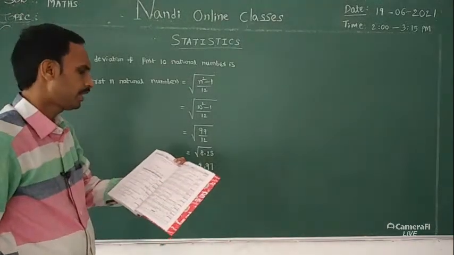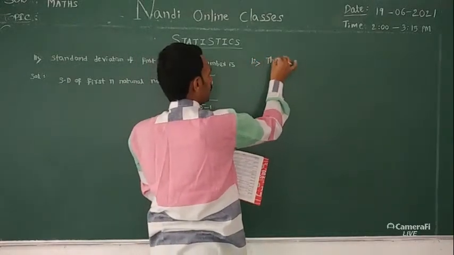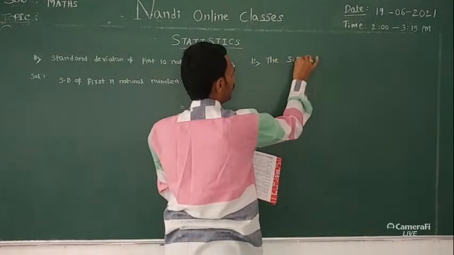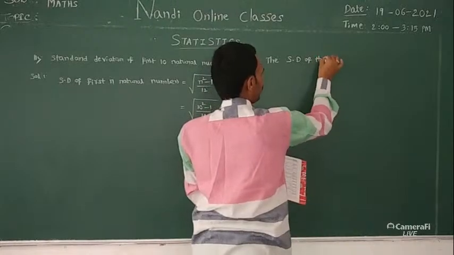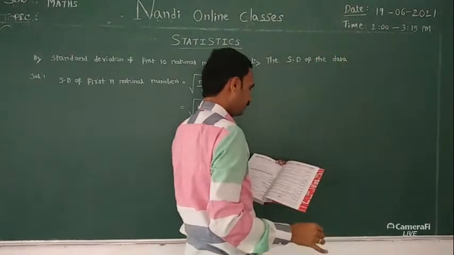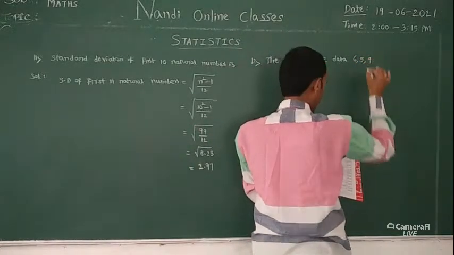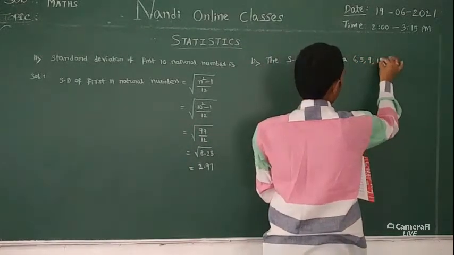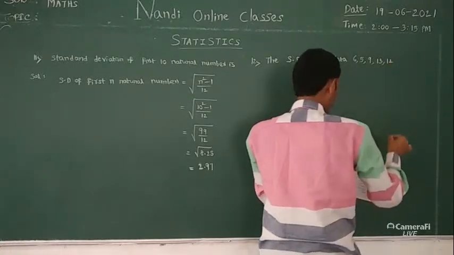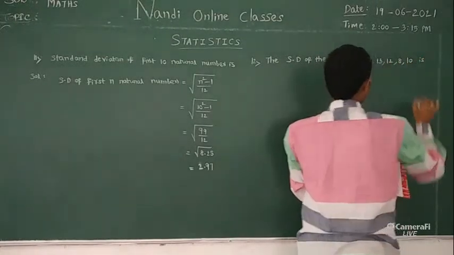Okay, the 12th problem. The standard deviation of the data 6, 5, 9, 13, 12, 8, 10 is.